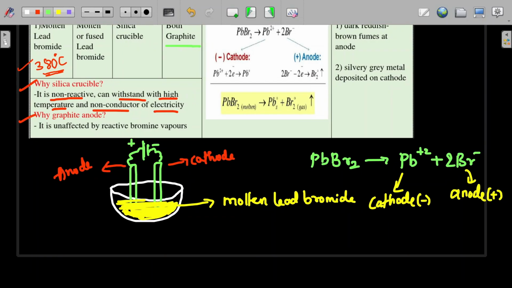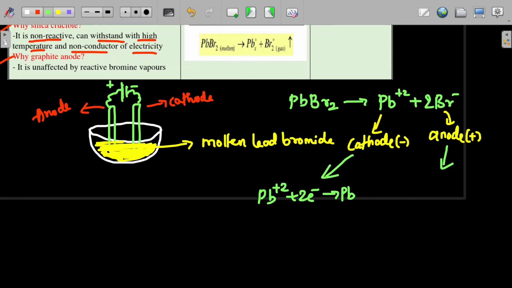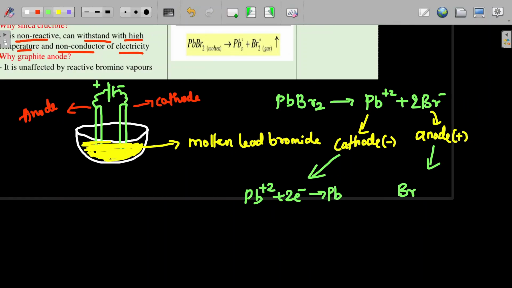Now, what happens at the cathode? CNR, reduction takes place. Reduction means gain of electrons. Pb2+ will gain 2 electrons and become a Pb atom. And for Br, you can take 2 Br, or you can take a Br minus first. One bromide ion loses 1 electron and becomes a bromine atom.